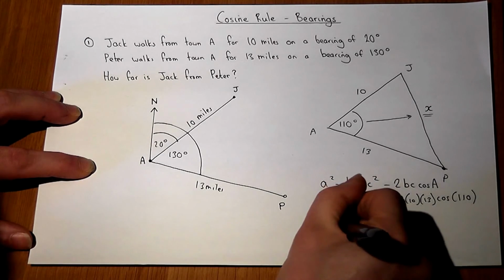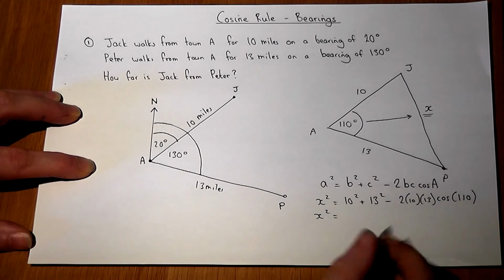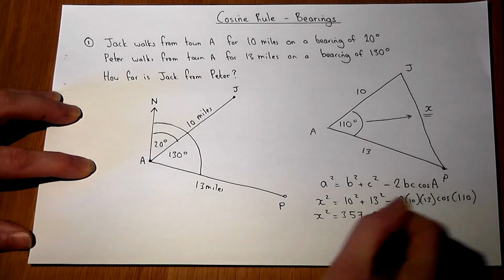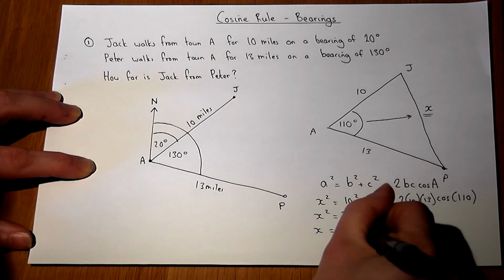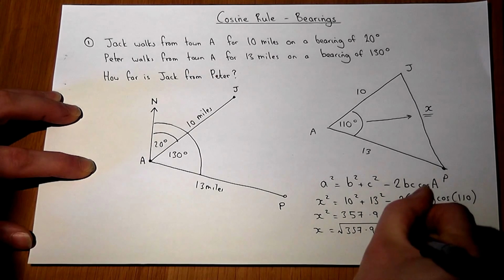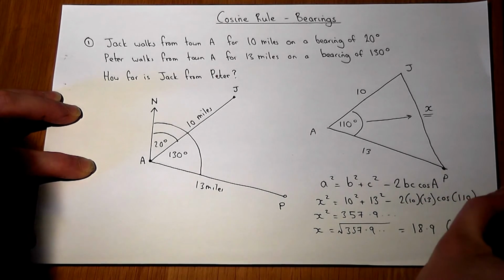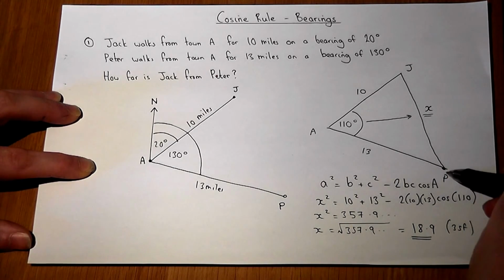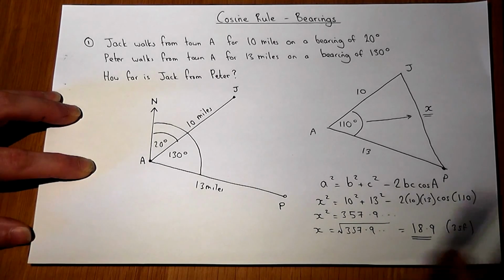So x squared will equal this worked out on the calculator, 357.9. So x will be the square root of this. So square root of this answer, and we get 18.9 to 3 SF. So Jack and Peter are 18.9 miles away.